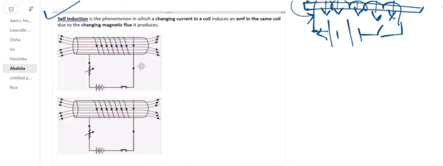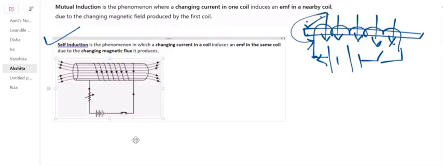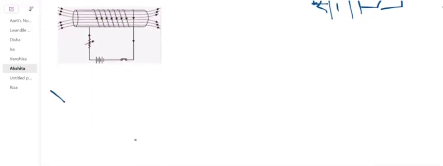Okay, so this one is self-induction. Understood? As I had explained over here also. Fine. Now let's start with the next topic.